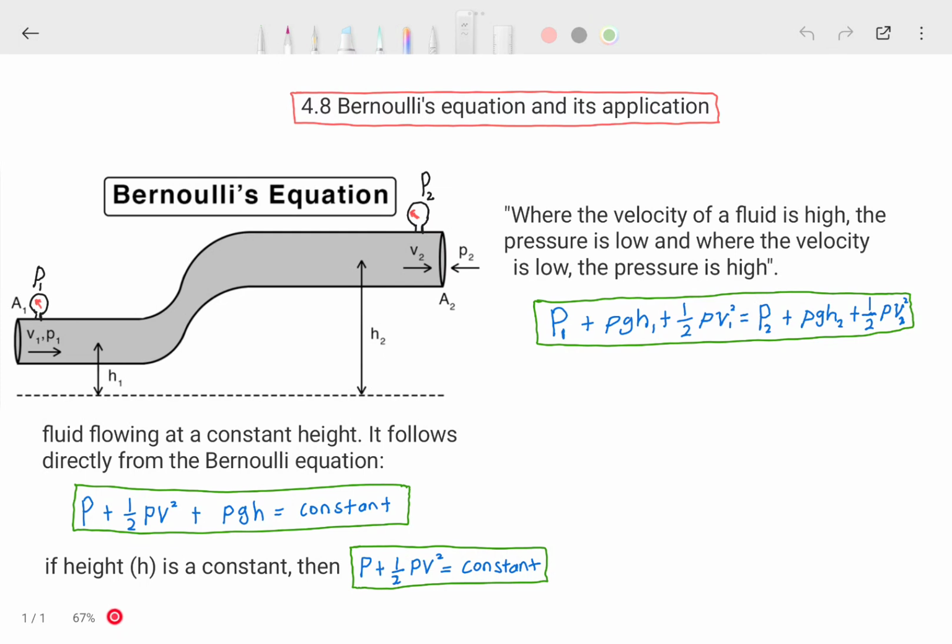So if the height is constant, then pressure P plus 1 over 2 times fluid density rho times velocity to the power of 2 equals a constant.